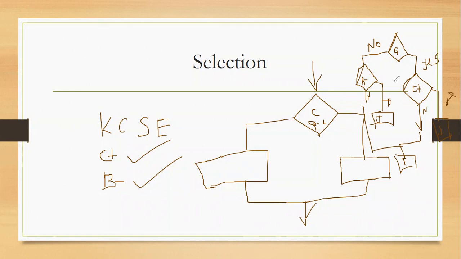So all these are decisions, and they break the normal sequential flow of program execution, so that the program will now make a decision whether to go this way or go this other way. So that's what we are calling branching.